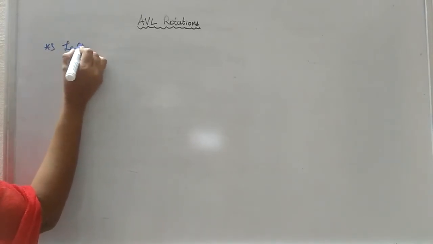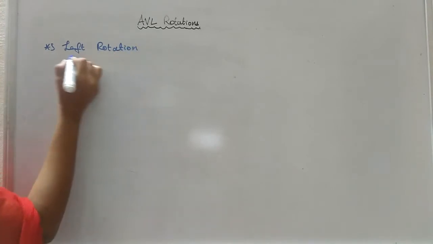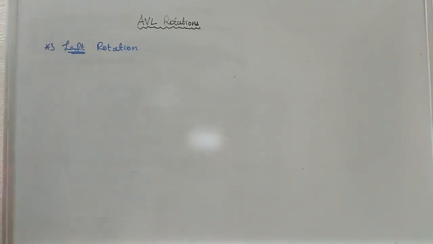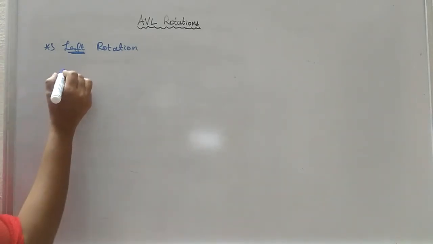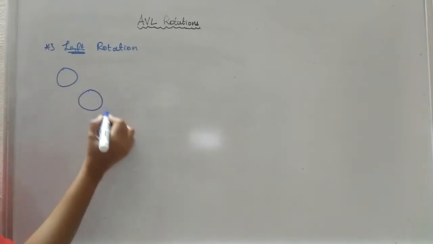So first we are going to see the left rotation. This term itself reveals left. It means you are going to rotate your nodes towards the left. That's all. Let me take an example. Consider this binary tree.